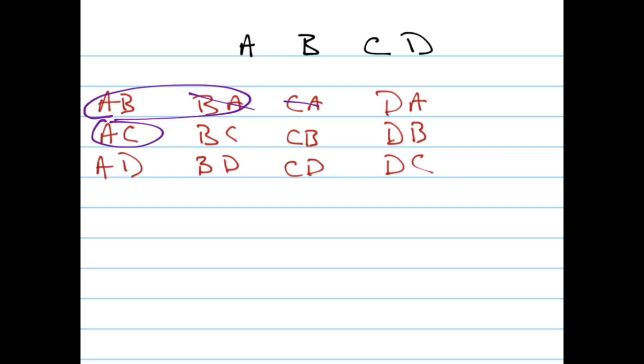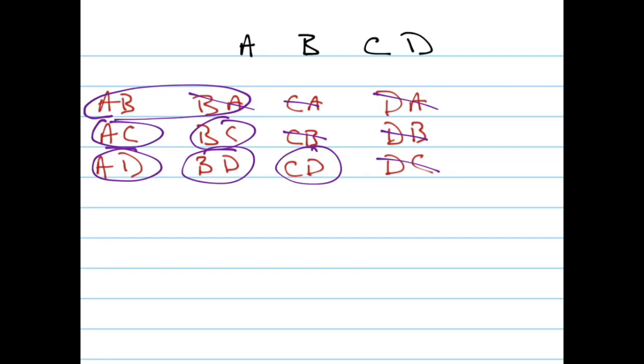We only need one of them. We don't need both AD and DA. We don't need both BC and CB. We don't need both BD and DB, and we don't need both CD and DC. So how many do we actually need? 6, not 12.